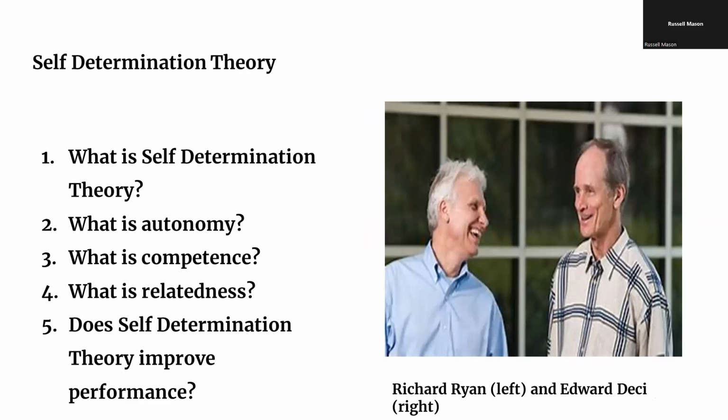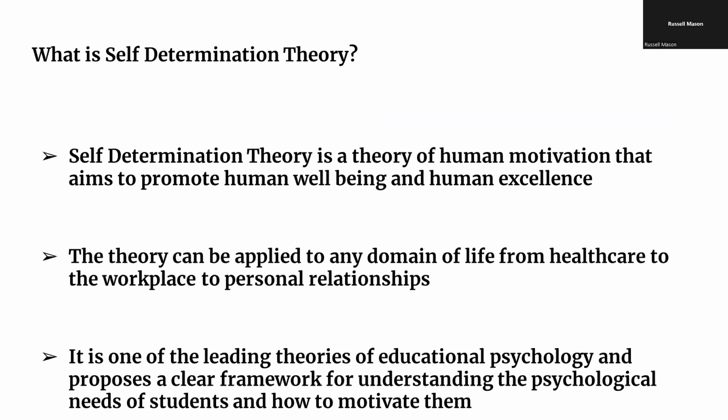And then finally, we will answer some questions about what claims self-determination theory makes from a scientific or theoretical point of view. In particular, we'll look at how and whether self-determination theory can improve motivation and performance. So let's get started by looking at self-determination theory and what it is.